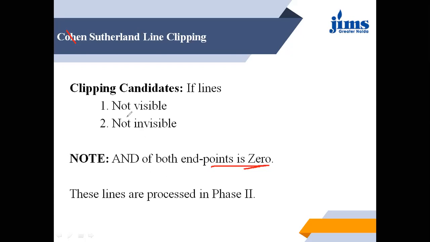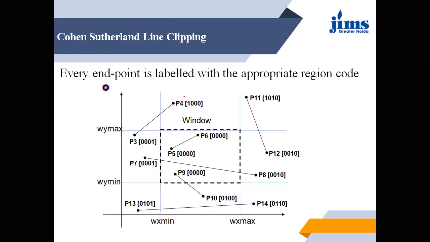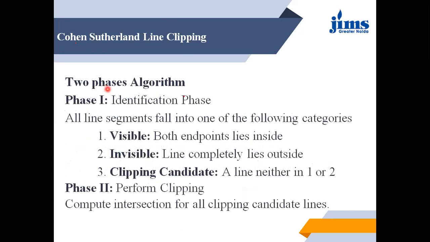So when the line is not visible and not invisible, then we have to consider the third option, and the third option is clipping candidate. We saw over here that in the first phase we have to find out the option about visibility, invisibility, and clipping candidate.